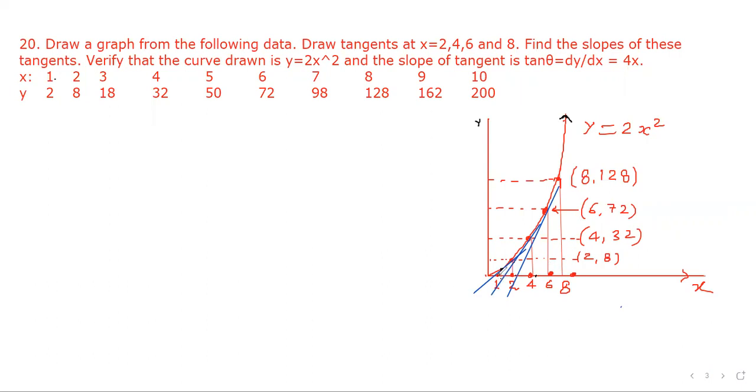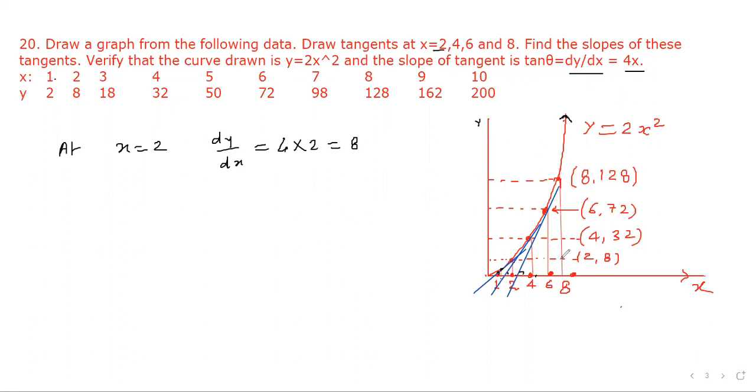But if we find these slopes and we evaluate the slope by this, we will get same answer. So here, at x equal to 2, if we find dy by dx, we have to put this value, and that will be equal to 4 into 2, equal to 8.